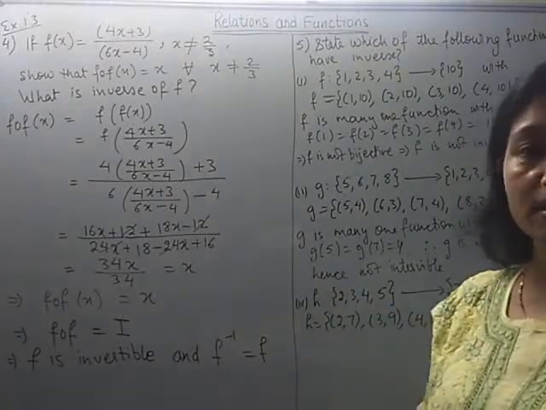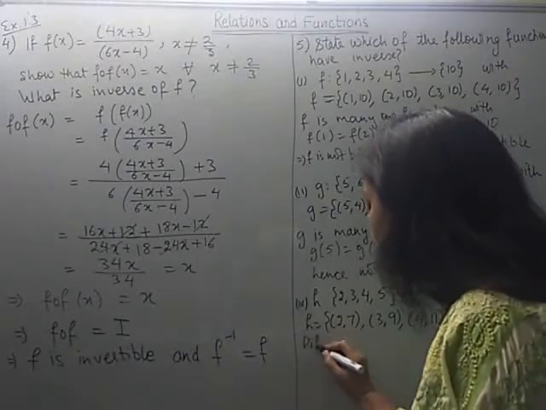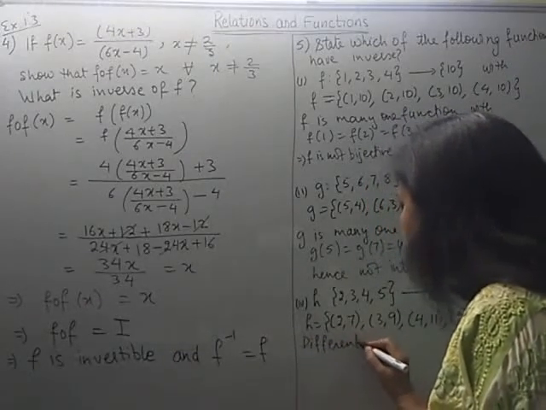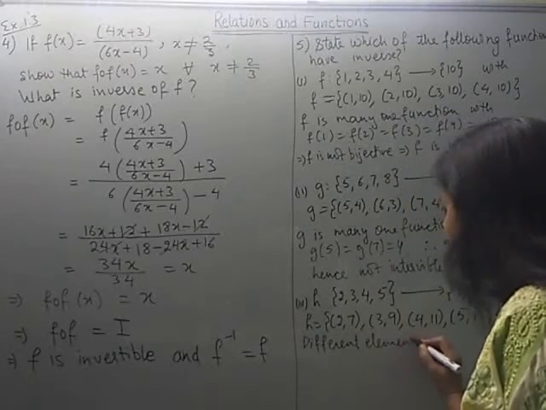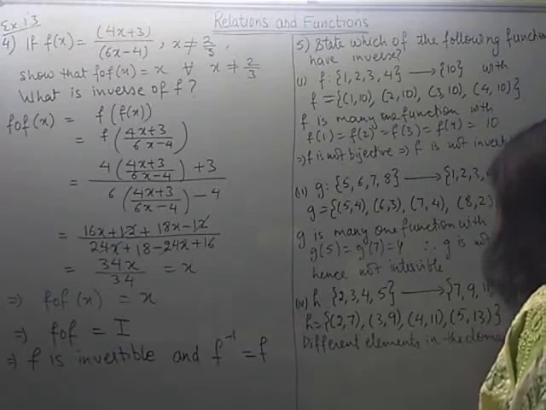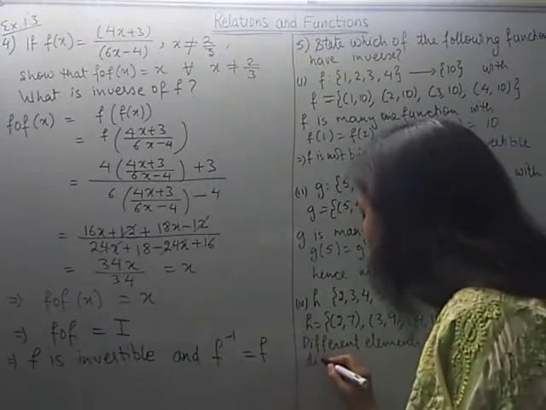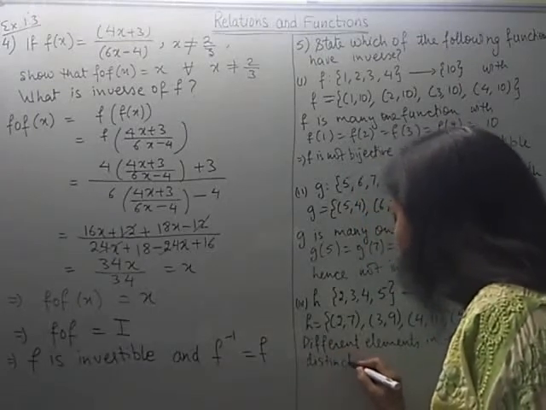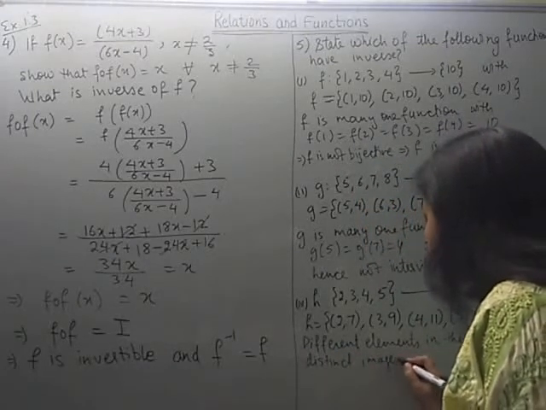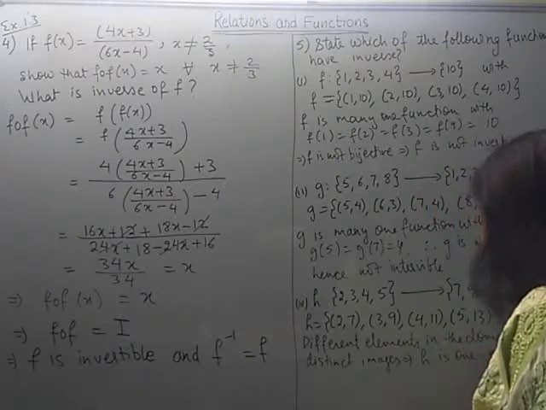Different elements in the domain have different images, distinct images. This means H is 1, 1.